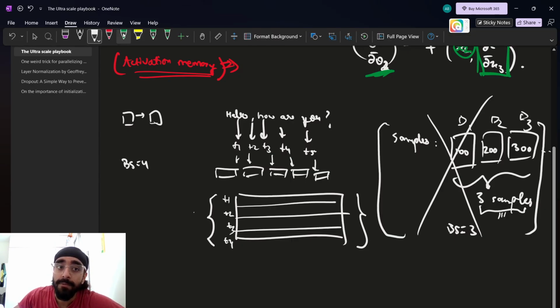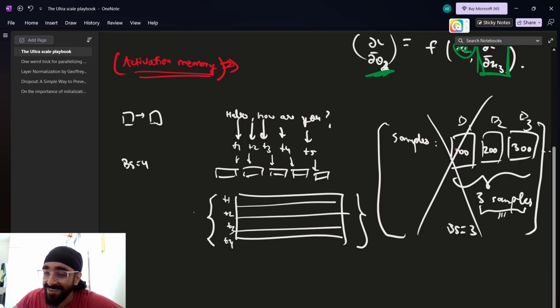But we do not care about the exact number of tokens. We just care about the tokens per batch. So let's say we define 50 tokens in each batch. So now the batch size is 50 tokens.